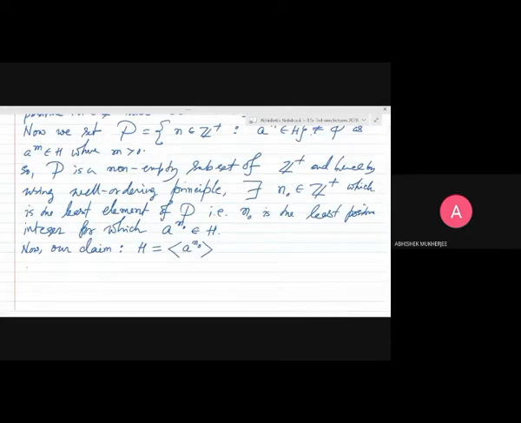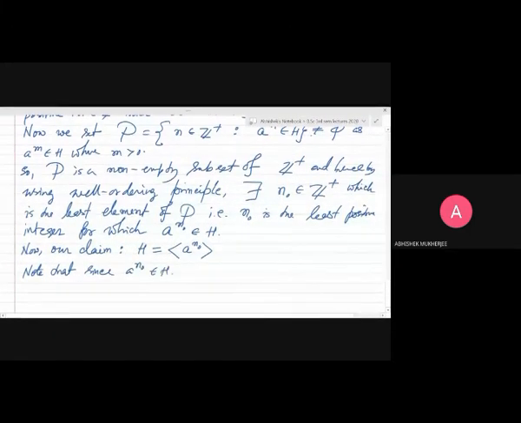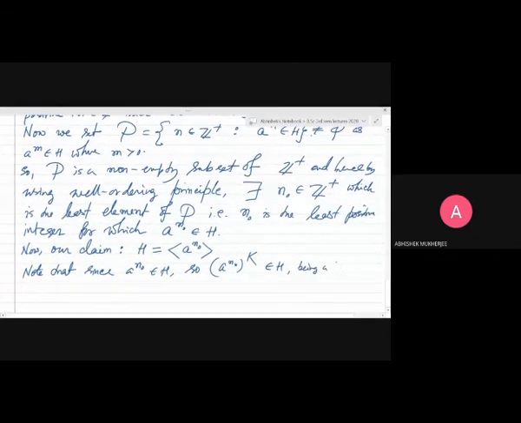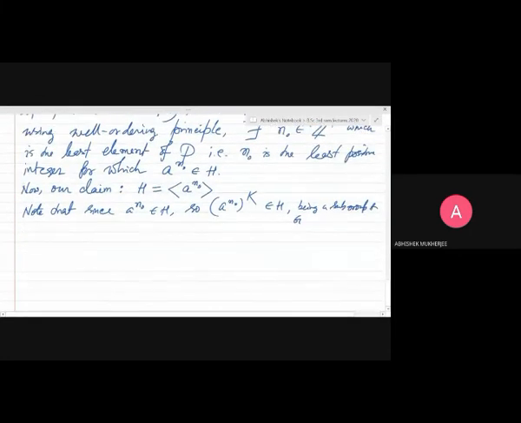Now note that since a to the power n naught belongs to H, so taking any power of it, it must be in H, being a subgroup of G. So taking any power of a to the power n naught, you will see that this belongs to H. And this implies the cyclic subgroup generated by a to the power n naught is a subset of H.